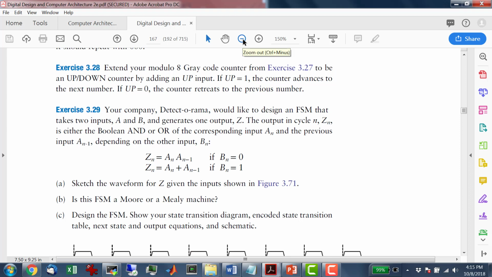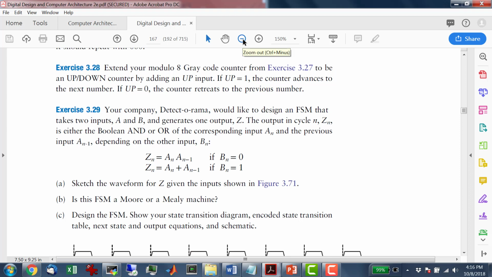So 0 and 0, 0 and 1, and so on. So if B is 0, z is 0, 0, 0, 1. And if B is 1, it's an OR. That would be 0 or 0, 0; 0 or 1, 1; 1 or 0, 1; 1 or 1, 1. Right, so there's the output logic.